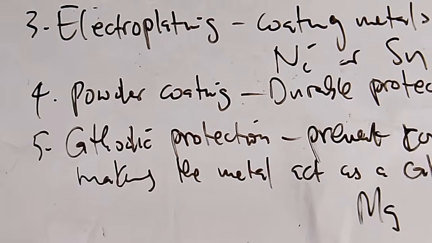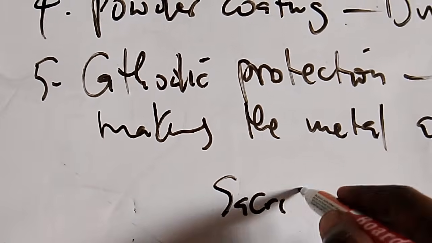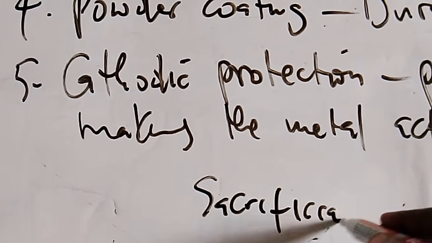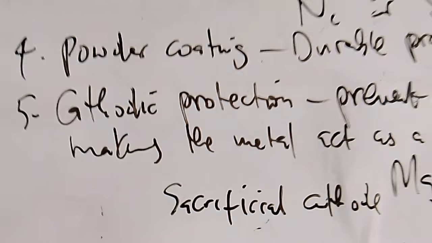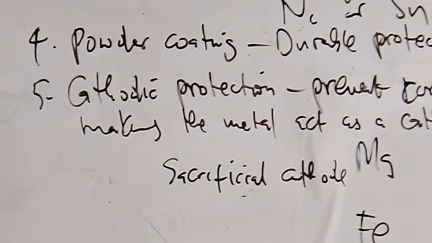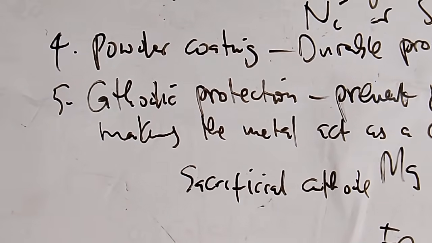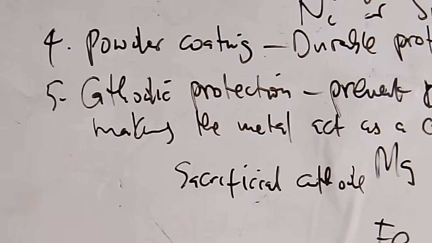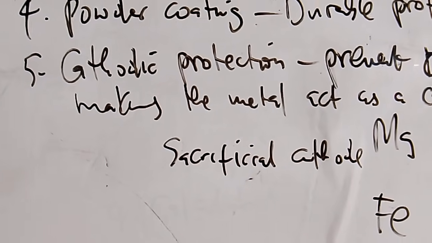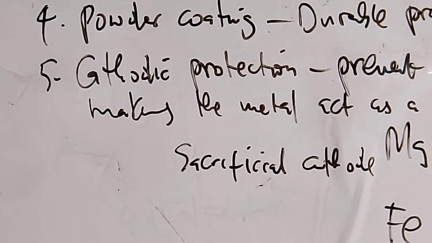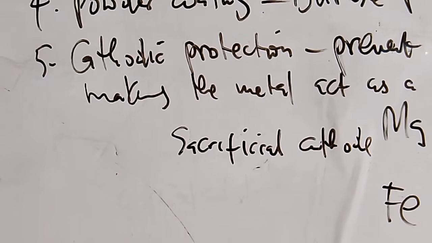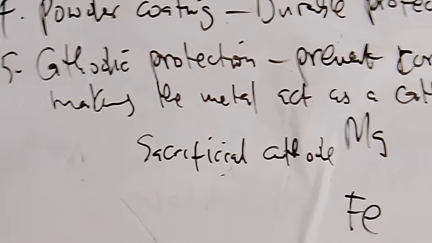Okay, so this is called a sacrificial cathode. The metal which is coated outside is more like it's been sacrificed, since it will corrode, leaving the iron inside safe.